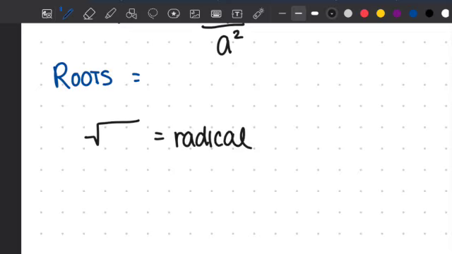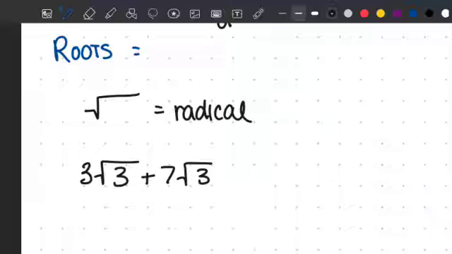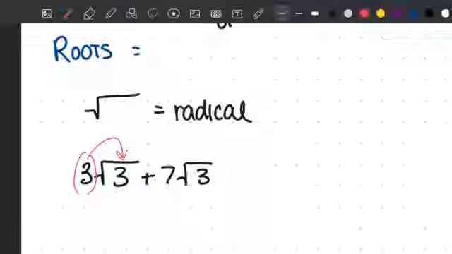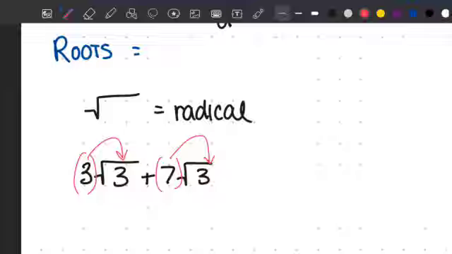I want the smallest number possible inside the radical or no radical at all. Let's look at this first one here: 3 root 3 plus 7 root 3. My 3 is being multiplied to my root 3, and my 7 is being multiplied to my root 3.